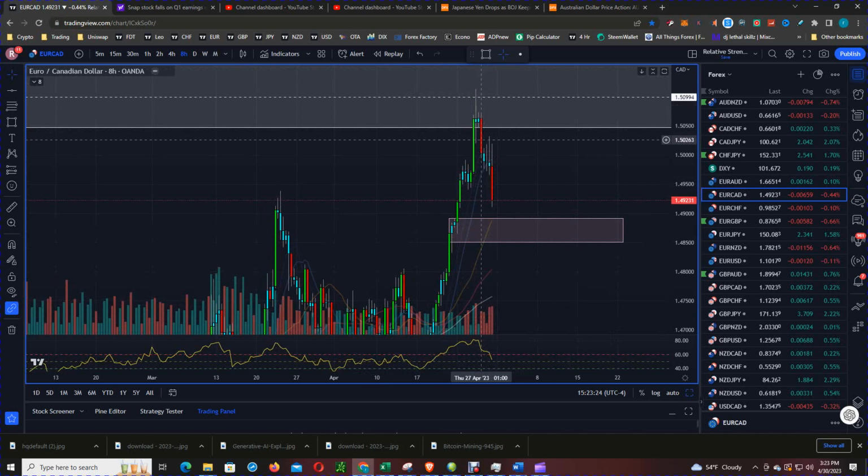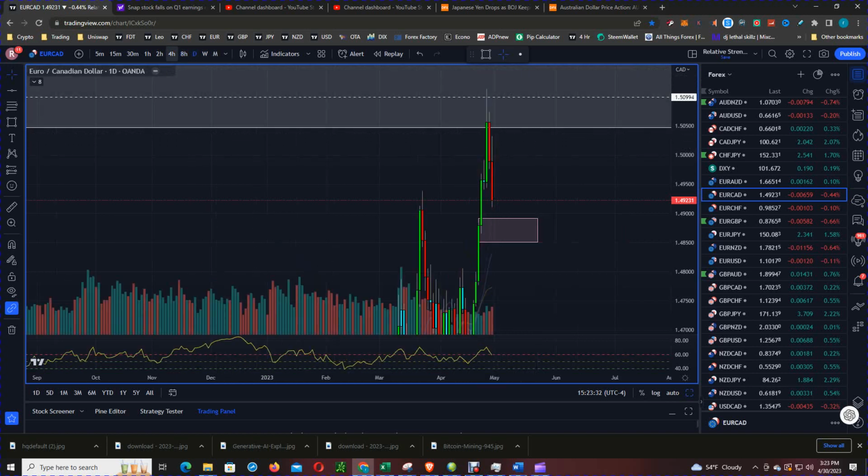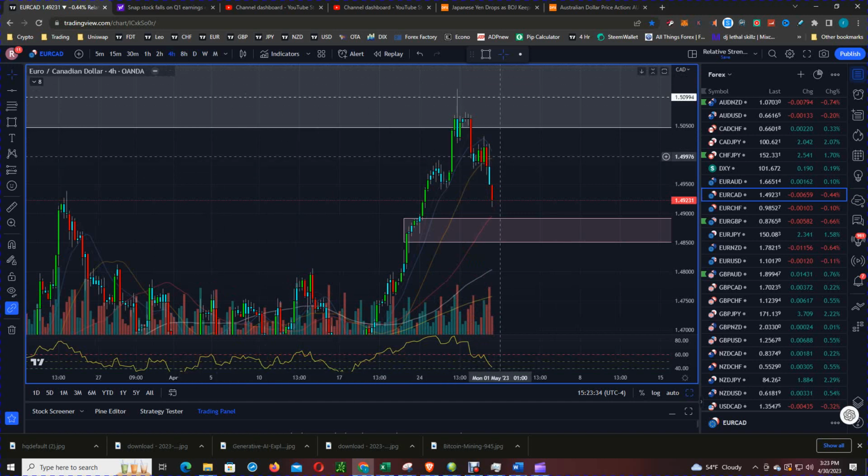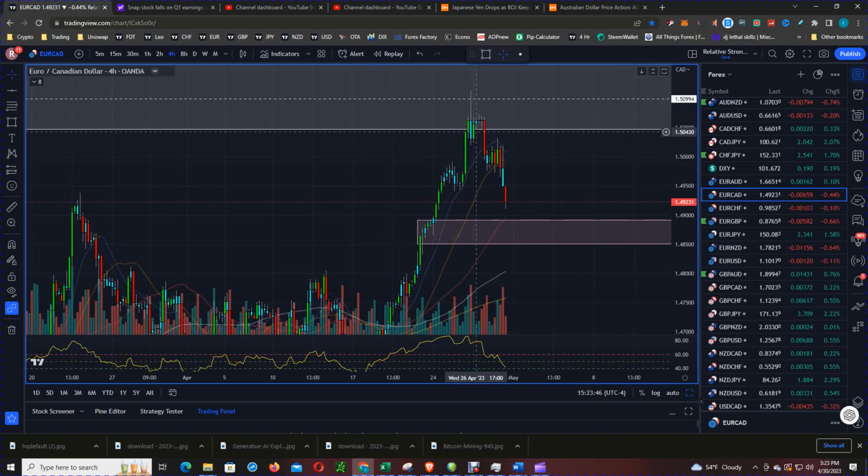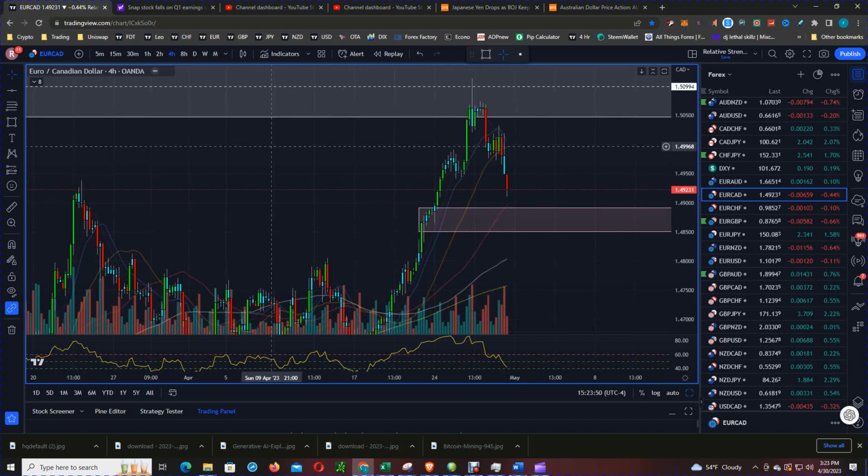We can see price forming sellers levels at the 1.5. This area took out what was previous buyers. So the short-term momentum is down, longer term trend is up.